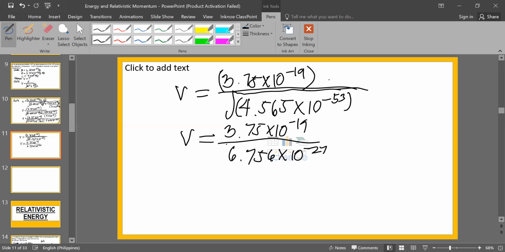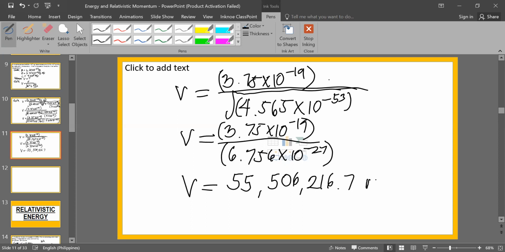Now, if you're going to divide these two values right here, 3.75 times 10 raised to negative 19 divided by 6.756 times 10 raised to negative 27, we would end up with an answer which is equal to 55,506,216.7 meters per second. Pero mas okay kung i-convert natin to into scientific notation, pagiging 5.6 times 10 raised to 7 meters per second.